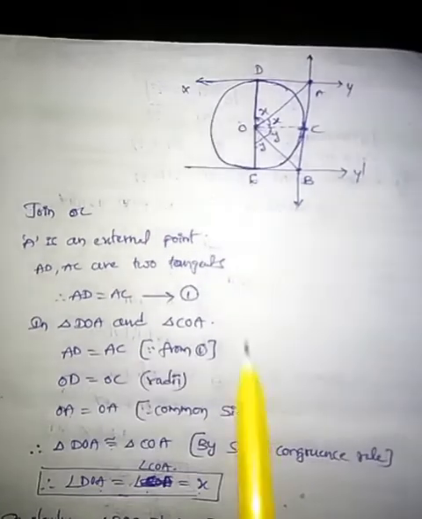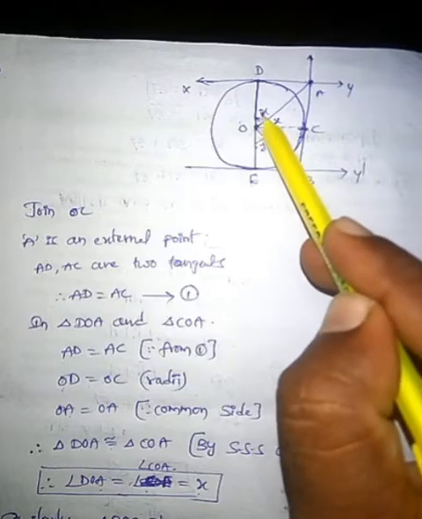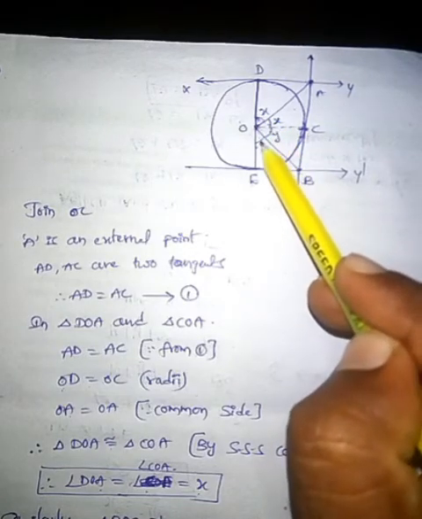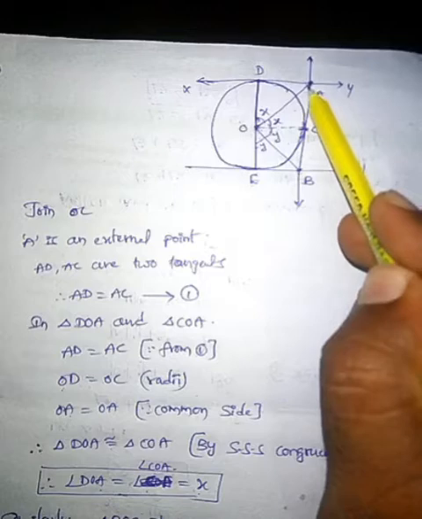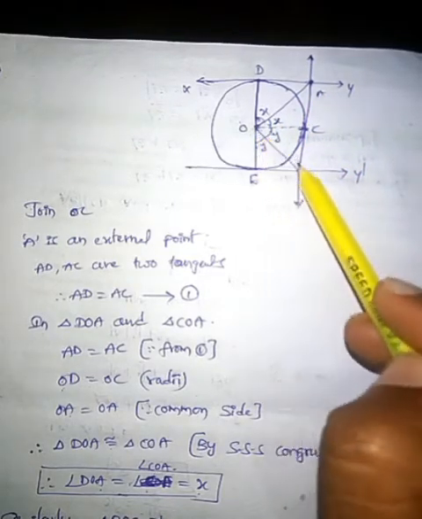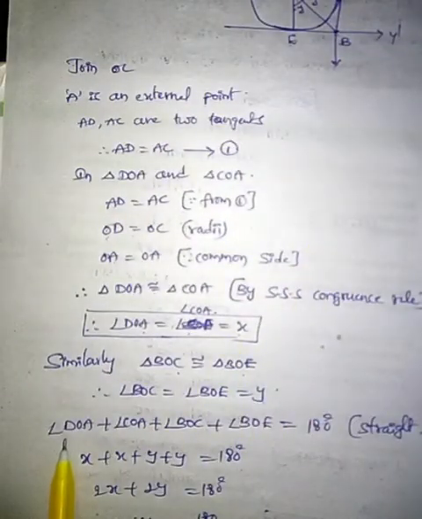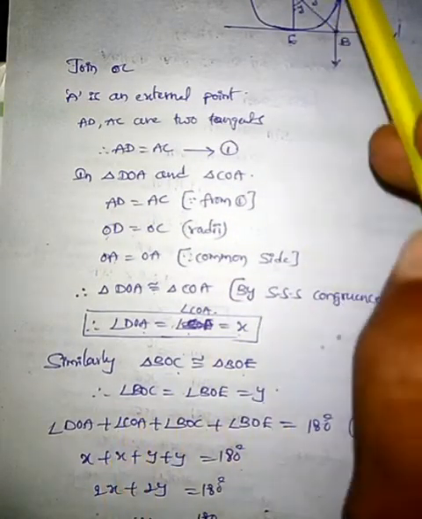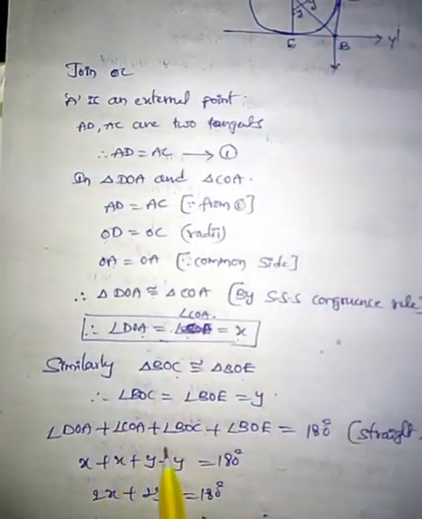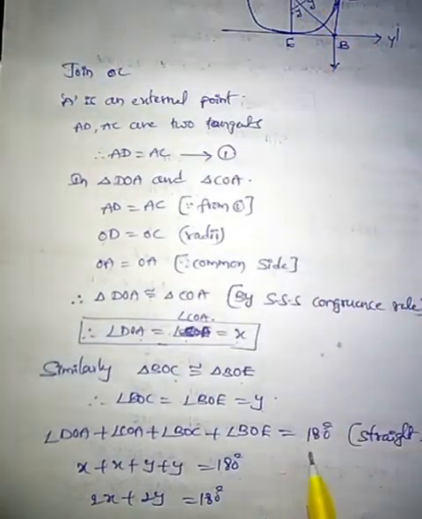If you observe this figure, these four angles form a straight angle: DOA plus AOC plus COB plus EOB. That is, angle DOA plus angle COA plus angle BOC plus angle BOE equals 180 degrees.